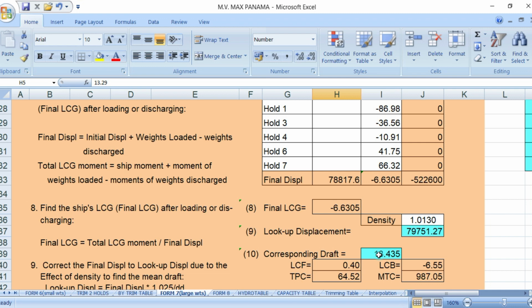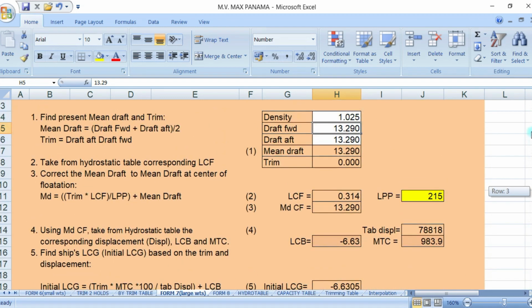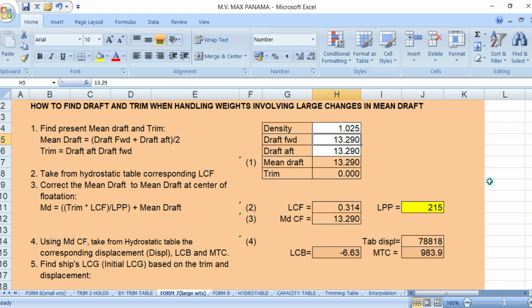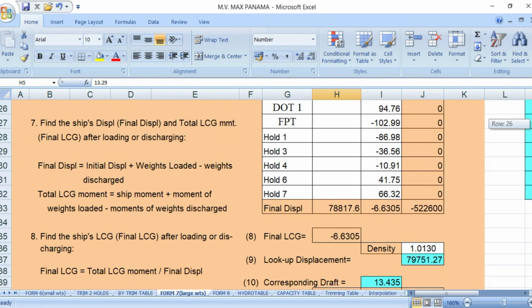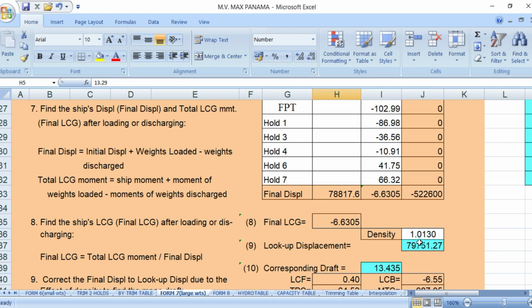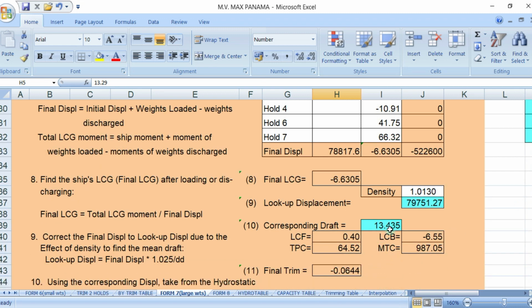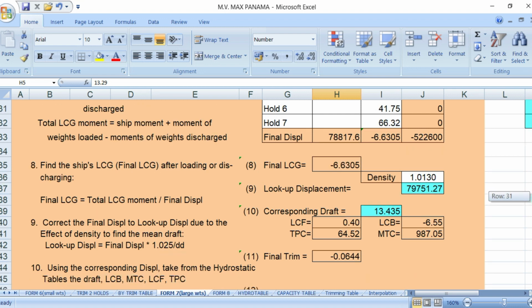The vessel will sink down, meaning there will be a large change in the draft. So the draft will be 13.43, while in seawater it is 13.29. So he will sink more when his density is less than 1.025. He will have an increase in the draft of 13.435.